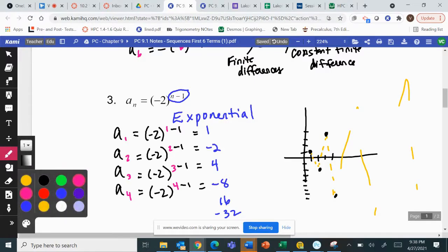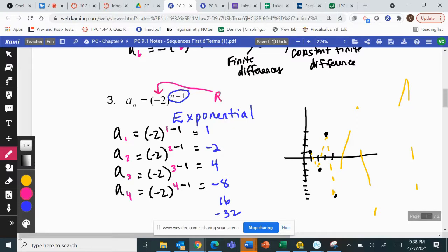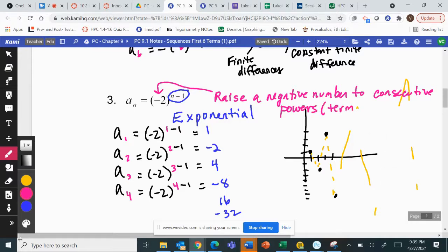If we ever raise a negative number to consecutive powers, like the term number, we will get alternating negative signs.